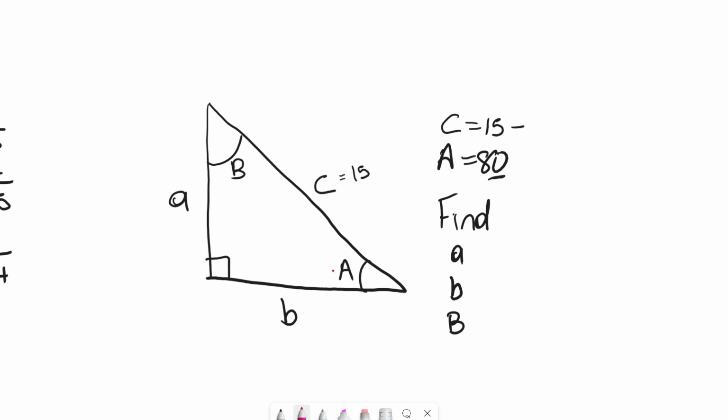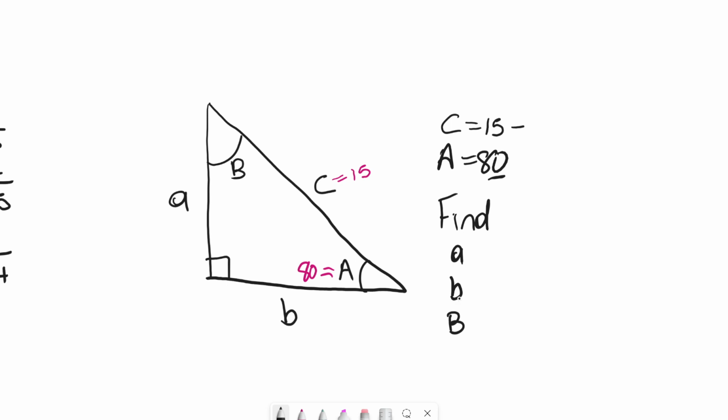Let's use another color, because this is what was given in the question. So C is 15 and A is 80. Now, they're asking us to find the sides A, B, and C. Well, we have C already, so we have to find A and B. And we also need to find the angle B.